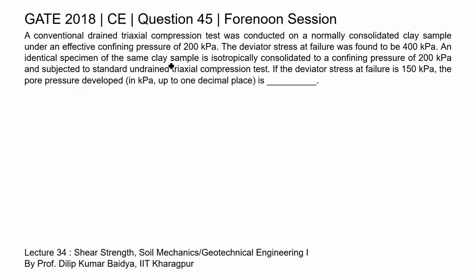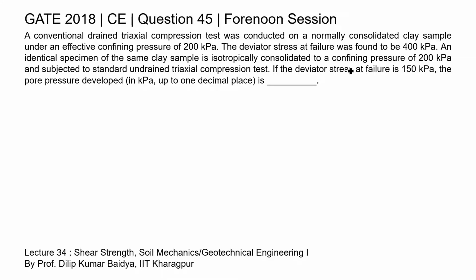So this question has two parts. In the first part, a drained triaxial compression test was done on a normally consolidated clay sample. The confining pressure was 200 kPa and the deviator stress at failure was found to be 400 kPa.